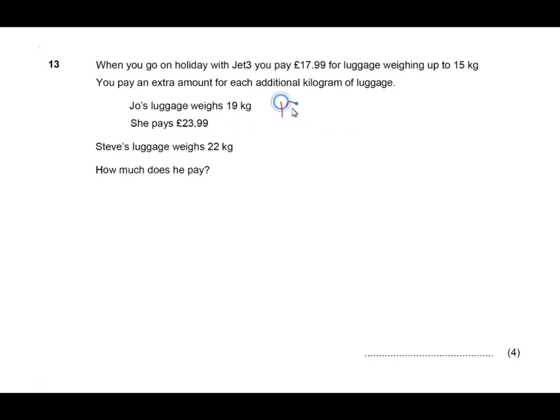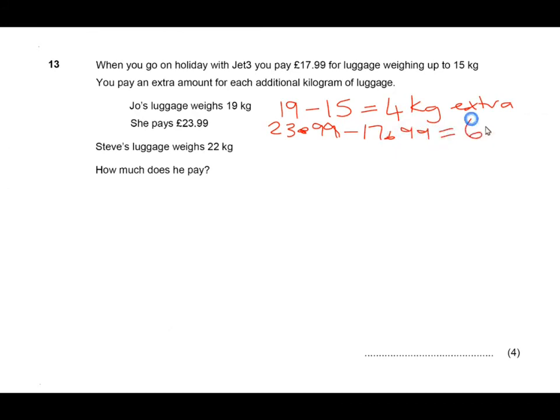So we know that she's got 19 kilograms and she was entitled to 15, and this meant that she had 4 kilograms extra. Now, from the amount of money she's paid, it looks like our £23.99 take away our £17.99 that we get gratis means she's paid another £6 for the 4 extra kilograms.